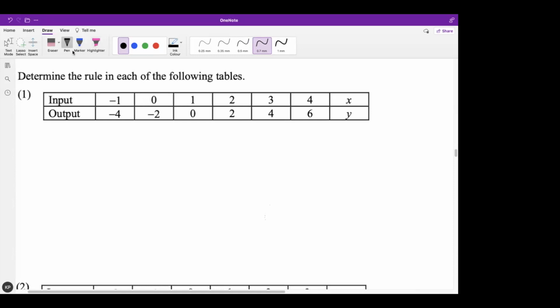Nice, we are adding 2. -4 to -2, you add 2. So that means 2 becomes my what? What's the special word we use for this number that we add over and over again? 2 becomes your multiplier.